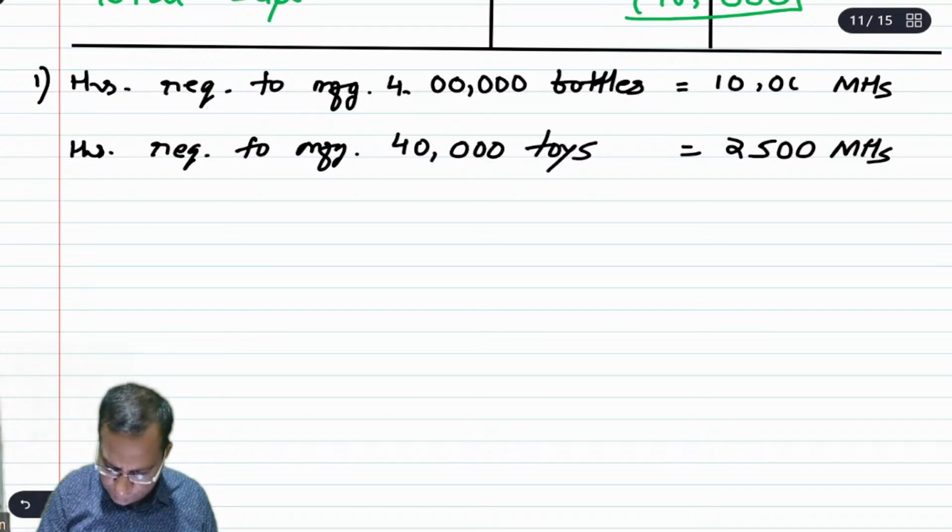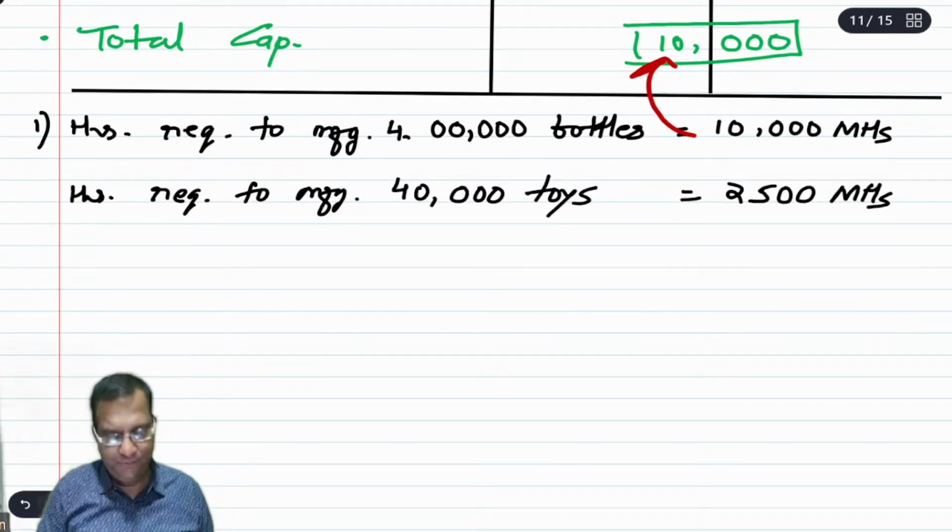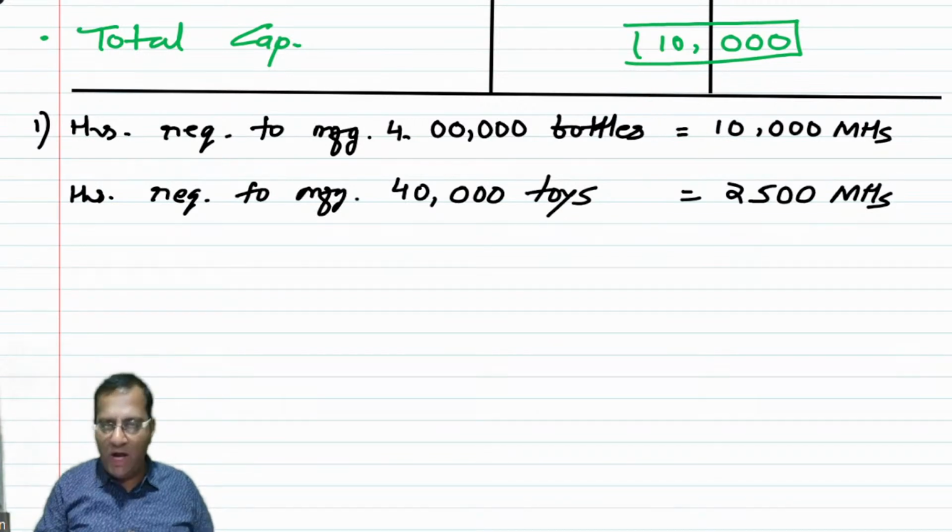10,000 machine hours. Total availability is also 10,000. It means there are no idle hours.